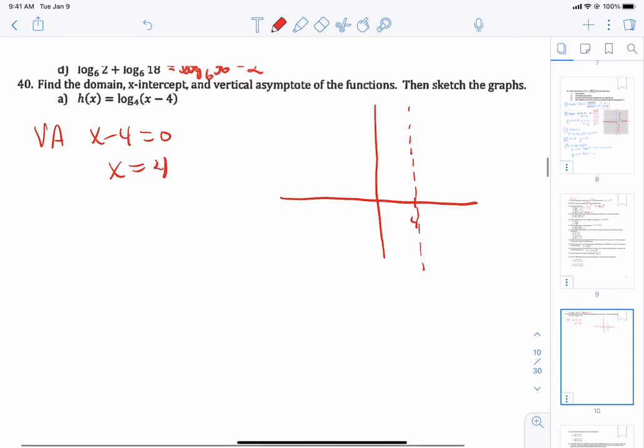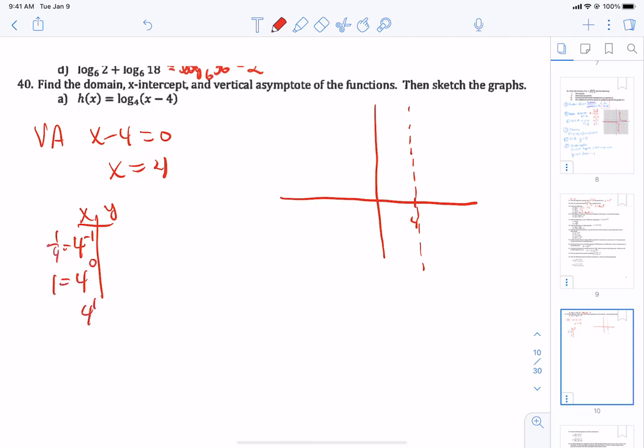Okay? Now, what do we pick? Well, normally, for a base 4 logarithm, I always pick 4 to the -1, 4 to the 0, and 4 to the first. Kind of the exact opposite of what I would pick for an exponential, where normally I pick the power of -1, 0, and 1.